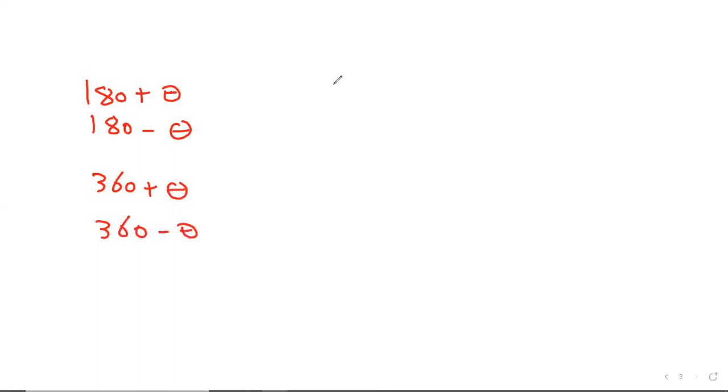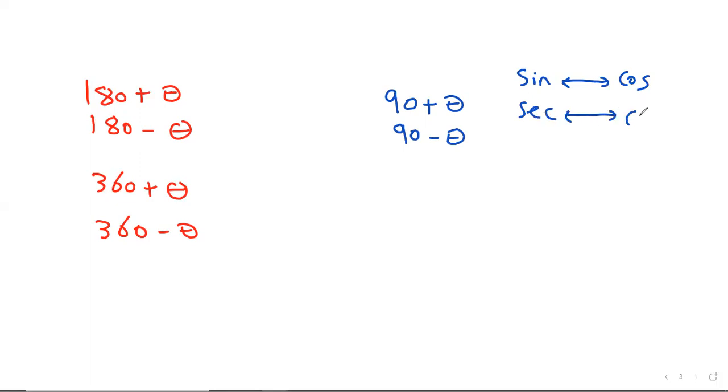And also we studied 90 plus theta and 90 minus theta. 90 changes sine to cosine and cosine to sine. It changes sec to cosec and cosec to sec. And it changes tan to cotan and cotan to tan.